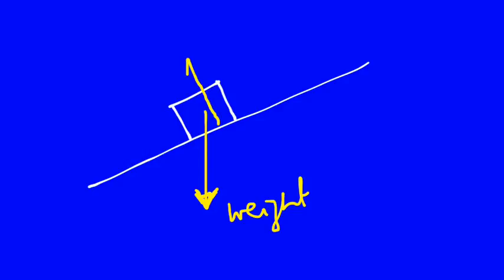Right? Now let's think about this situation. Let's suppose we have an object resting on a ramp or wedge like this. So how does its free body diagram look? First it has weight, which is going downward vertically, and then it has normal.